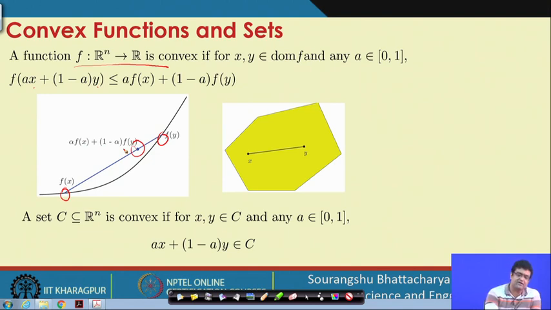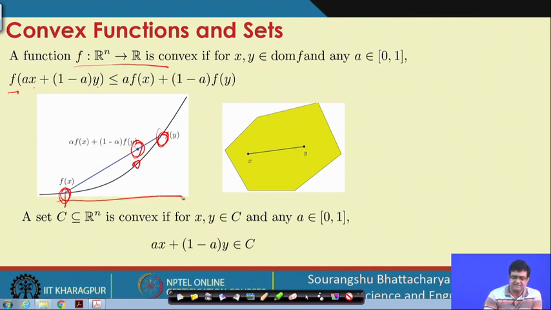You can compute the function value at this point, and you can also compute the linear interpolation of f of x and f of y, which is this particular value.